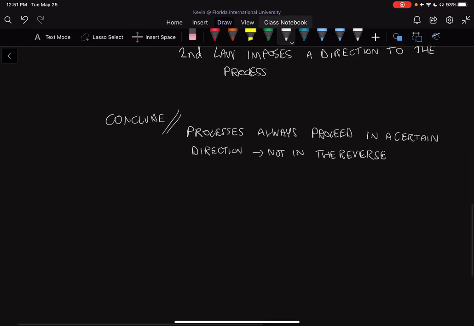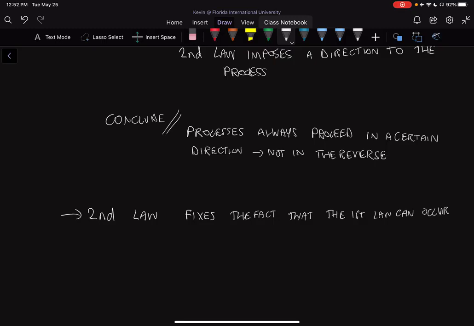The second law is going to fix the fact that the first law can occur in both directions.